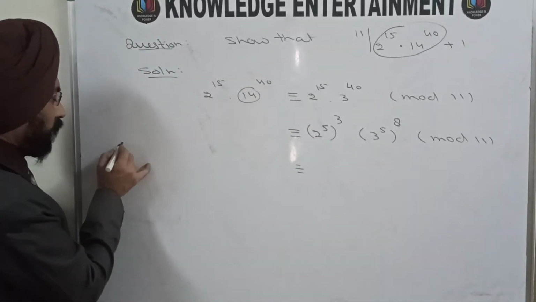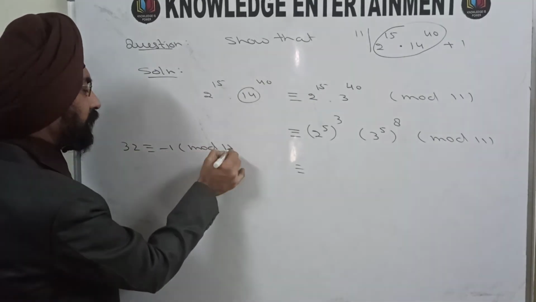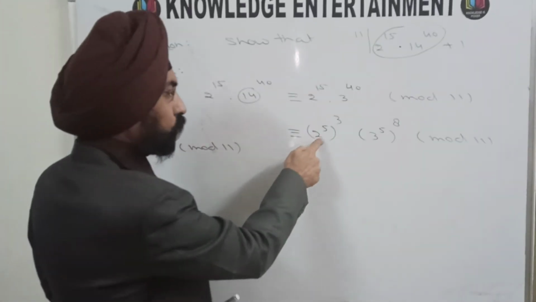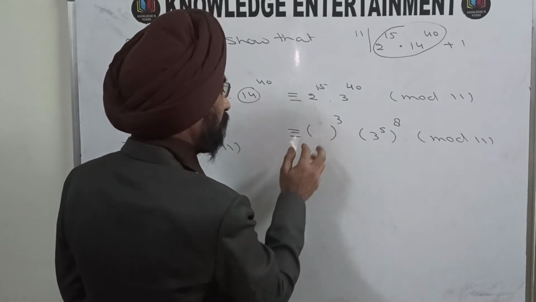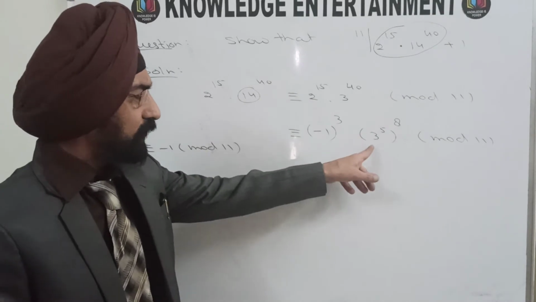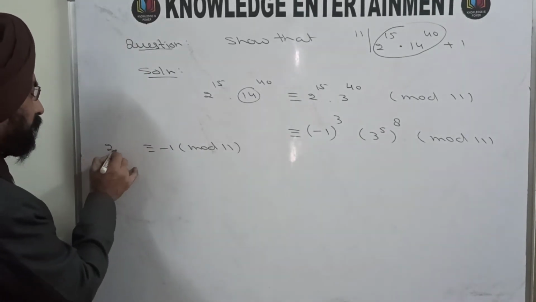And you know very well that 32 is congruent to minus 1 modulo 11, because 11 divides 32 plus 1. So this 2 raised to the power 5, I can replace by minus 1 now. And what is 3 raised to the power 5? 3 raised to the power 5 is 243.